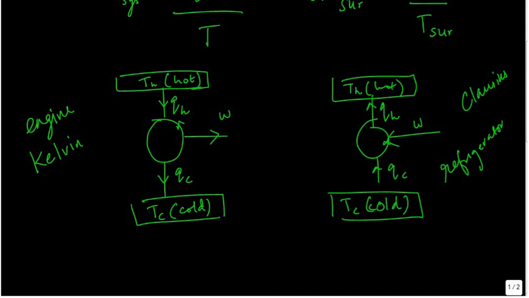And since the efficiency of this fellow is smaller and this one is more, I need less amount of work to go in to drive this refrigerator, which means by connecting the two together, I have actually generated excess work, which is in contradiction to the second law.